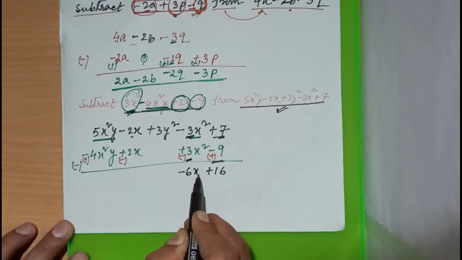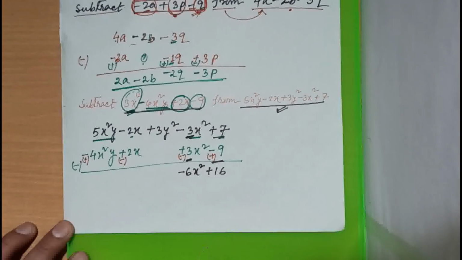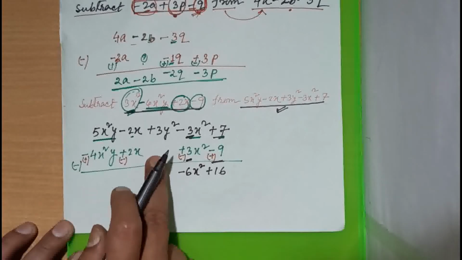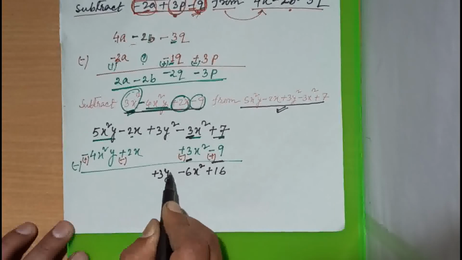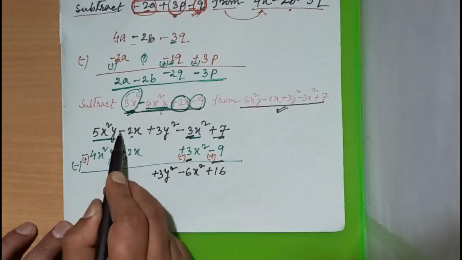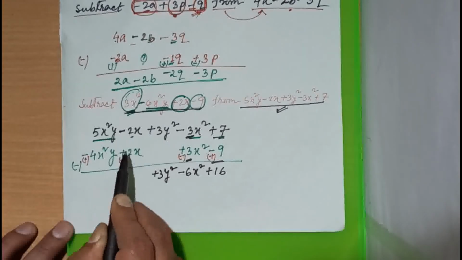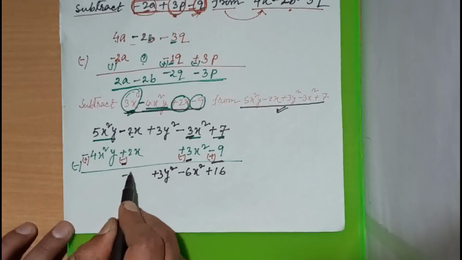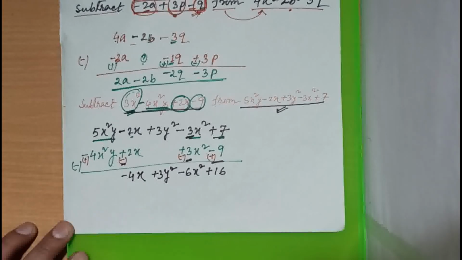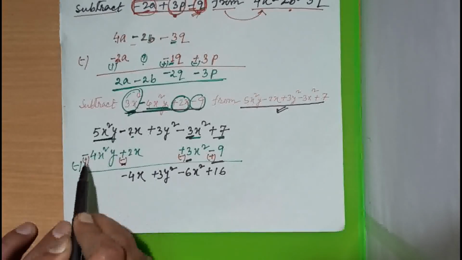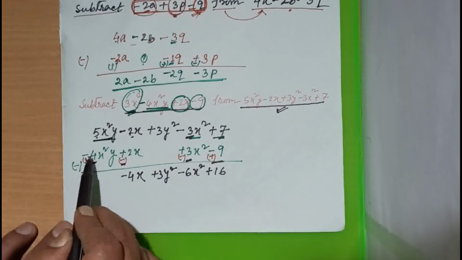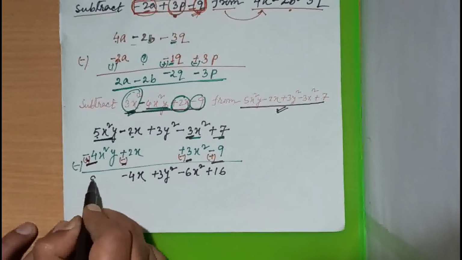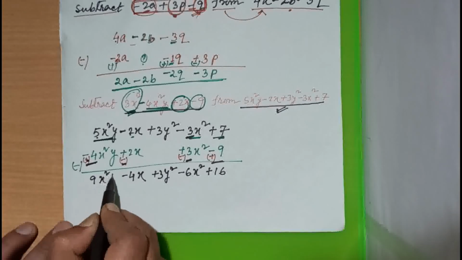After that x square. We have already learned how to add numbers. Nothing is there, so just bring this positive 3y square down. Here this is negative 2, this is also negative 2, so negative 2 and negative 2 will give you negative 4 and then x, and after that it is positive 5 and it is positive 4, so positive 5 and positive 4 will give you positive 9, that is 9x square y.